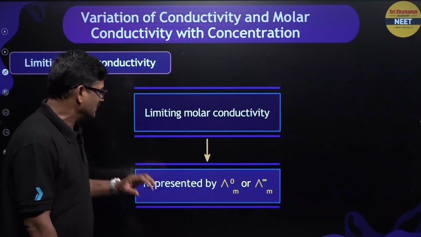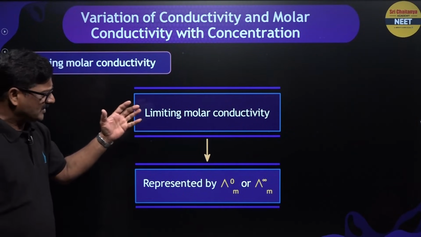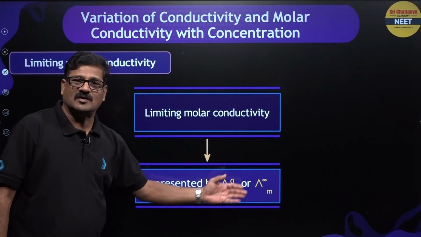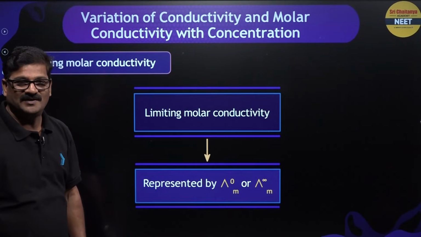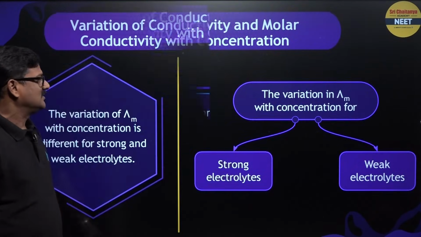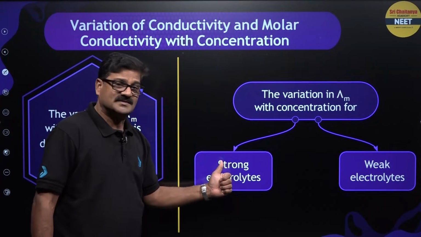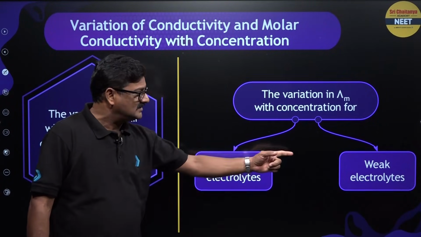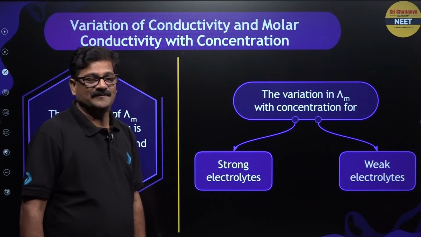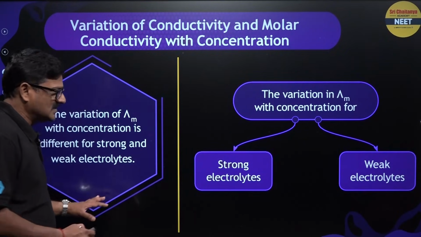It is represented by lambda naught or lambda infinity. And look at this, the variation of molar conductance and concentration for a strong electrolyte and a weak electrolyte. So, let us see how it is done.